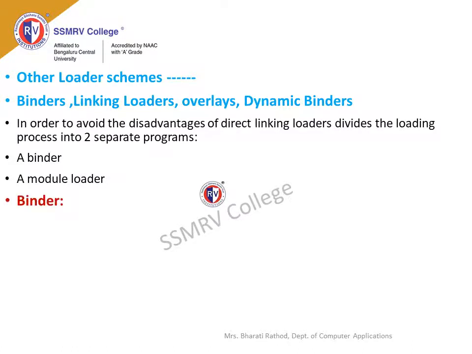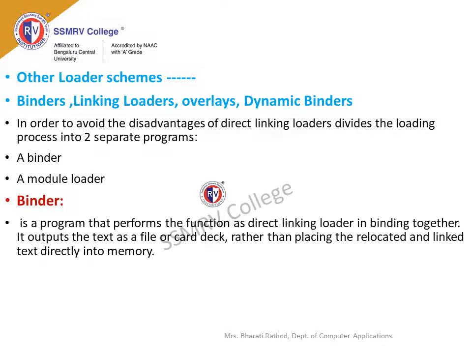Now let us see what the binder is. A binder is a program that performs the same function as the direct linking loader in binding together. It outputs the text as a file or a card deck. Rather than placing the relocated and linked text directly into memory, the binder saves this text into a file.